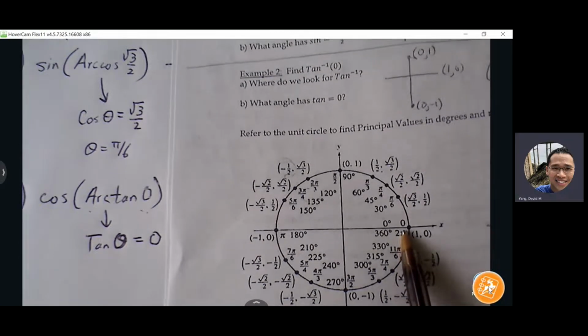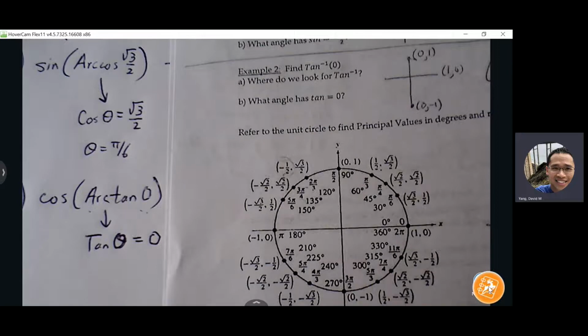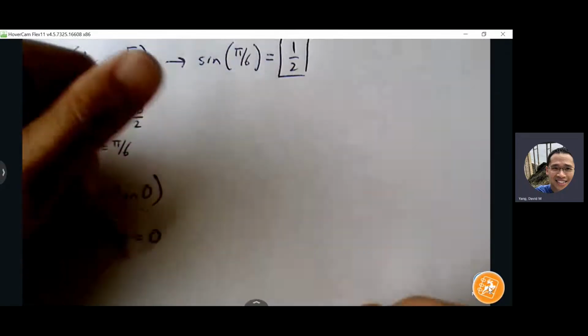Two pi or, well, 0. Yeah. So remember with our tangent, we're only looking at between negative pi over 2 and pi over 2. So we're just going to involve 0. Okay. So we're just replacing theta with 0.